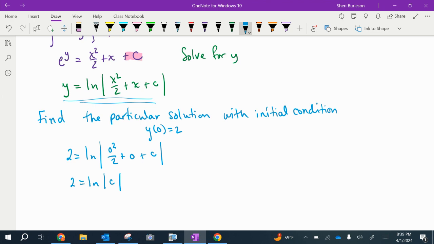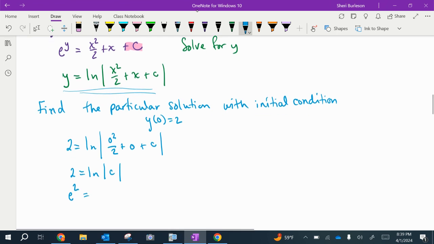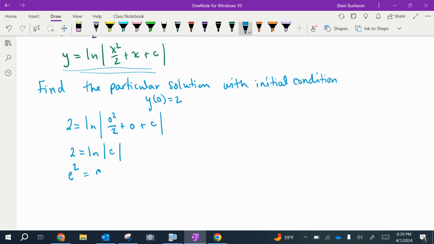When I convert from logarithmic to exponential, e squared, I don't need the absolute value symbol anymore because e squared will be positive. So this c is going to be a positive number, and that tells me my constant. That's one way I can do it.